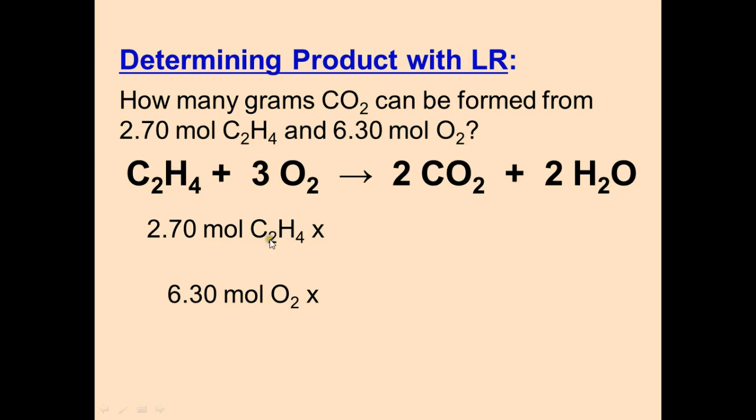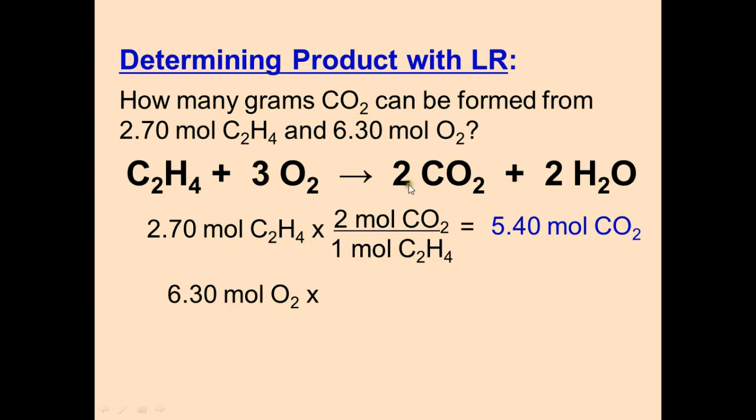So we convert from moles of C2H4 to moles of CO2 first, then O2 to CO2. And so because moles of C2H4 is on the top, we put moles of C2H4 on the bottom. And so 1 mole of C2H4 and then 2 moles of CO2, which is calculated from these coefficients right here. And then we get 5.4 moles of CO2 if we have 2.7 moles of C2H4.